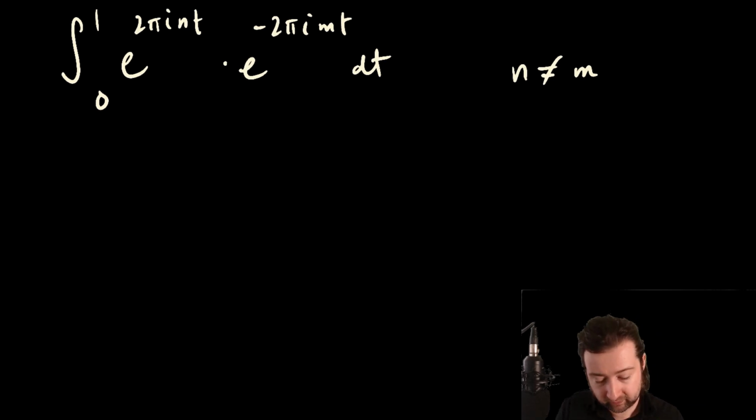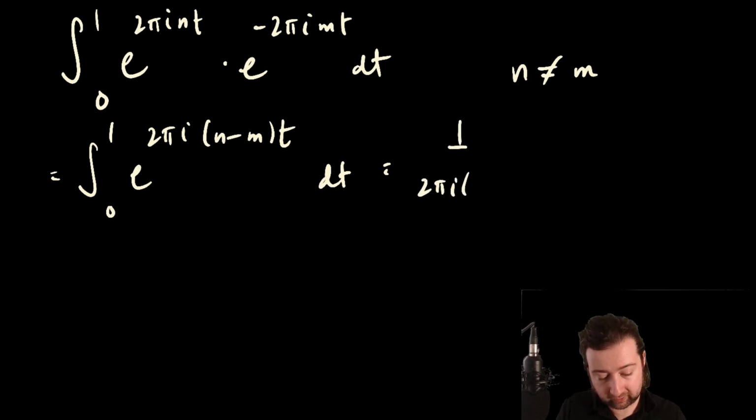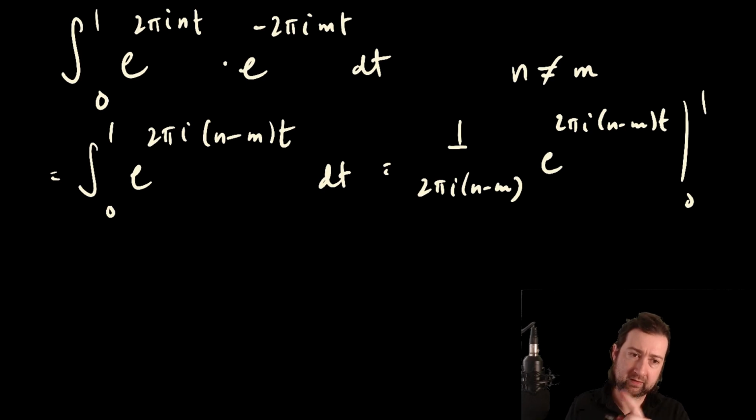If you do that, what you end up with is the integral from 0 to 1 of e to the 2 pi i (n minus m) t dt, which integrates to 1 over 2 pi i (n minus m) times e to the 2 pi i (n minus m) t evaluated from 0 to 1. And since n and m aren't equal, it's okay to divide by n minus m. That's actually why we have to specify that n and m are not the same number.